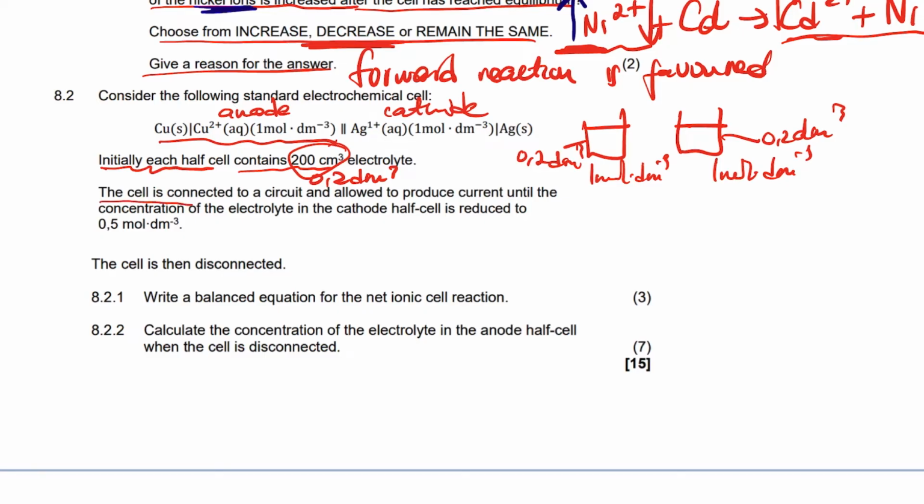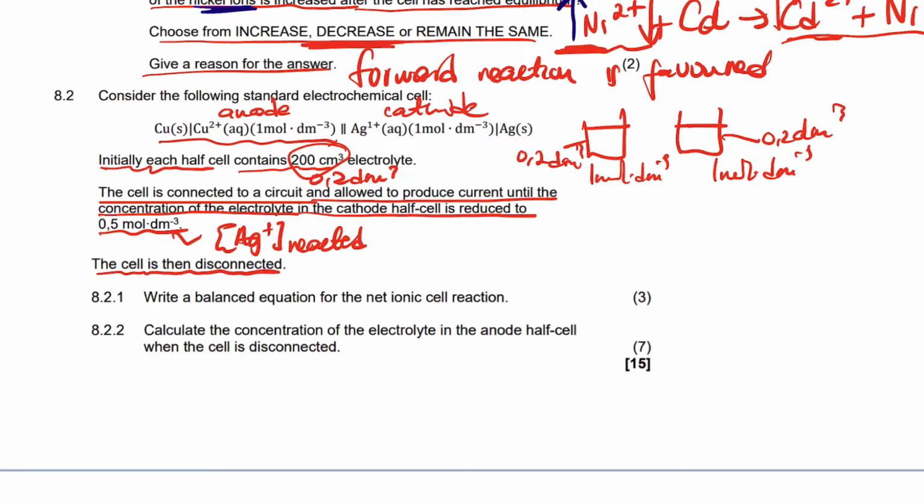Where do we get the 0.2 dm3? It's the 200 divided by 1000. Now it says the cell is connected to the circuit and allowed to produce current until the concentration of the electrolyte in the cathode half cell is reduced to that. This is the concentration of the silver ion. And then it says the cell is disconnected.